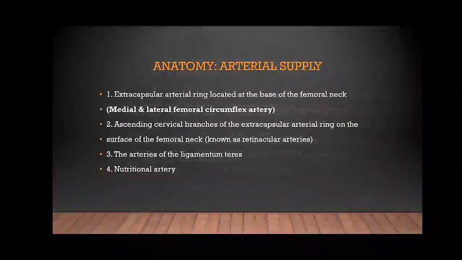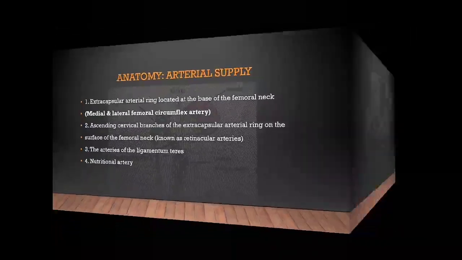Then we get the ascending cervical branches of the extracapsular arterial ring on the surface of the femoral neck, called the retinacular arteries. We also have a small, negligible blood supply from the ligamentum teres artery, and some from the nutrient artery.